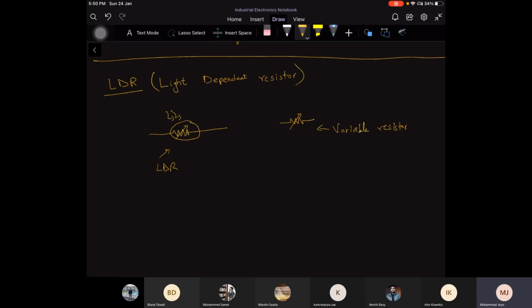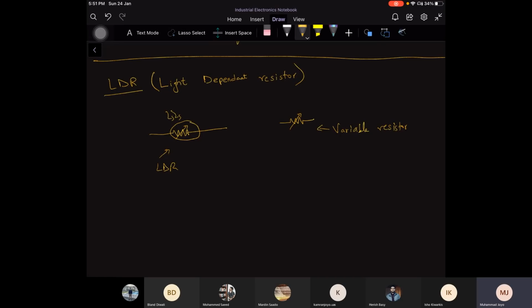Now, this phenomenon can work both ways. If light is reflecting on it, the resistance may increase or it may decrease, depending on the property of that material, right?